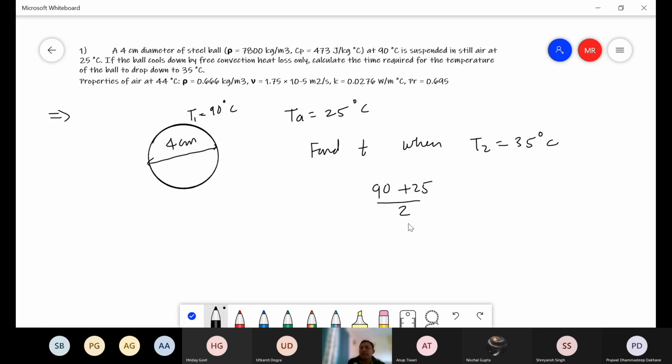But this average temperature itself is changing. Remember, this T1 is continuously decreasing; eventually T1 will become T2. So taking the average temperature is not easy in this case. Does it make sense?